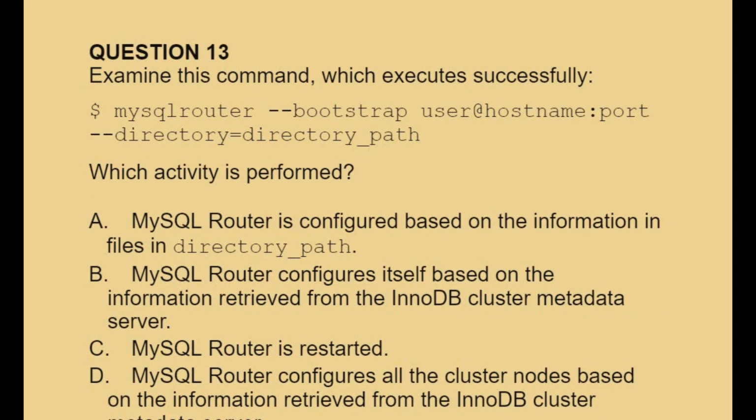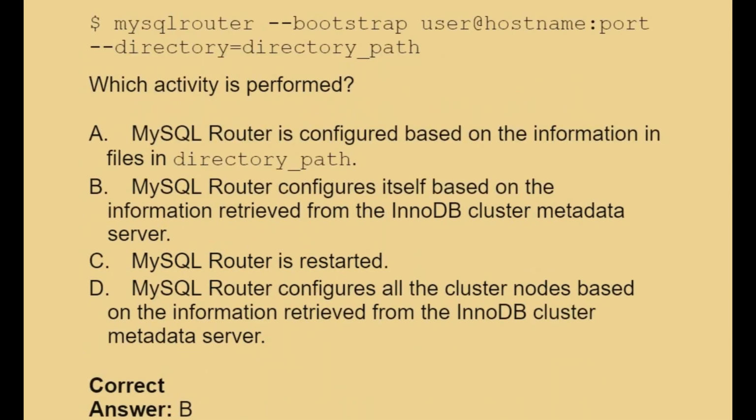Option B, MySQL Router configures itself based on the information retrieved from the InnoDB cluster metadata server. Option C, MySQL Router is restarted. Option D, MySQL Router configures all the cluster nodes based on the information retrieved from the InnoDB cluster metadata server. Correct answer is option B.